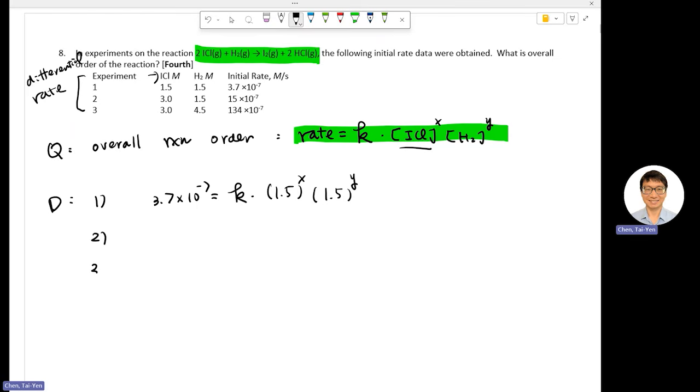Then repeat the same process for the second and third equations.